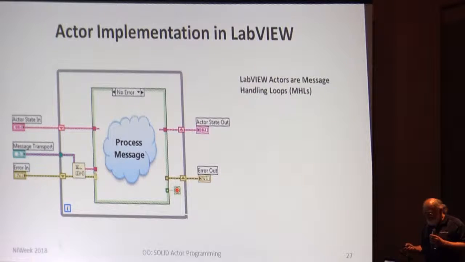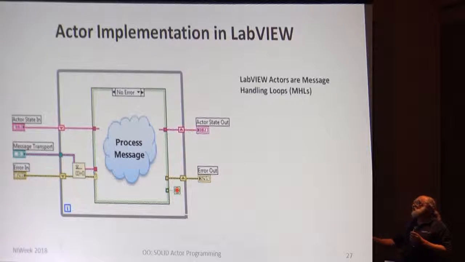Okay. So what's an actor in LabVIEW? Very simple. It's a message handling loop. This is your state, which lives on a shift register. This is your mailbox. You get a message and you do something with it. And the messages are not shared, and the actors don't share their internal resources between them.